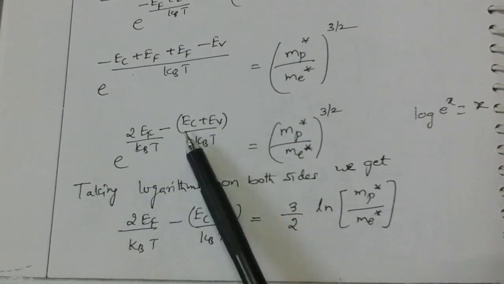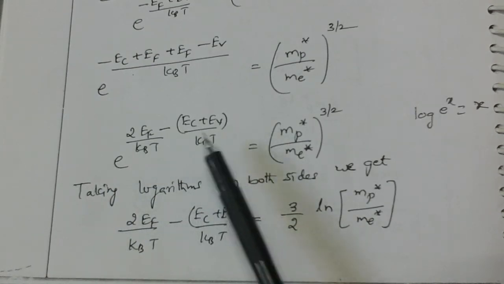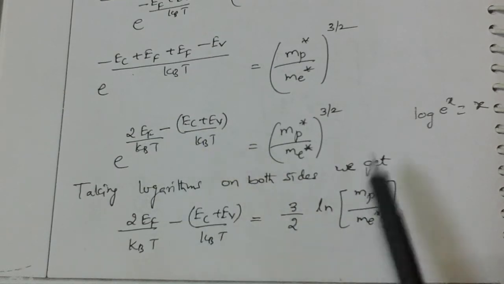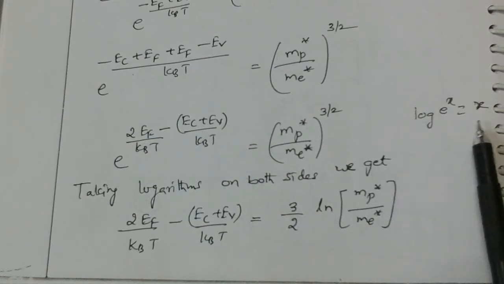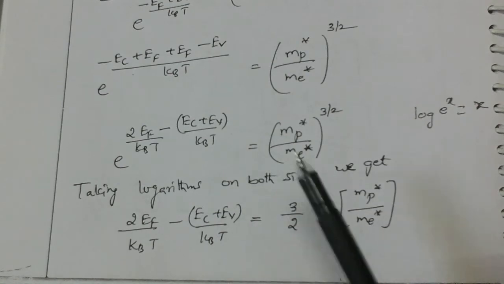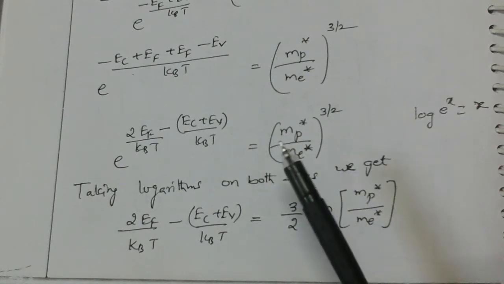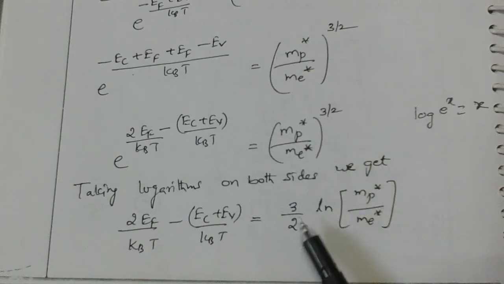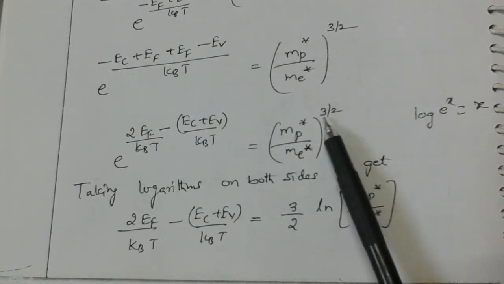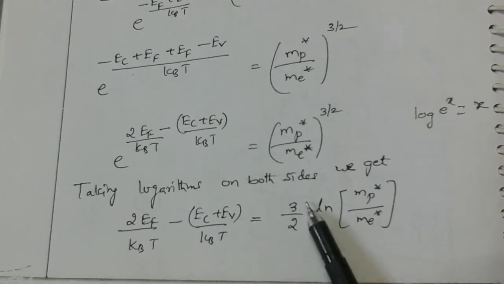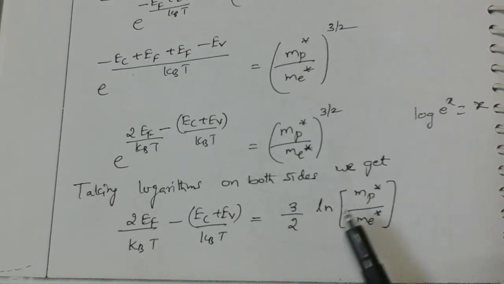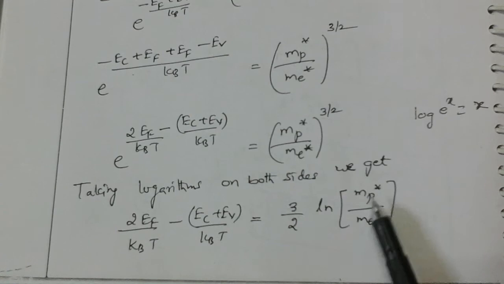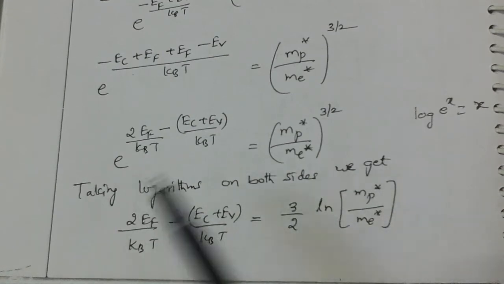Log e to the power of x is equal to this x only. With that we write here: equals log, where the power 3 by 2 becomes a multiplier, times natural logarithm of MP star by ME star. Why? Because we have taken logarithm on both sides.